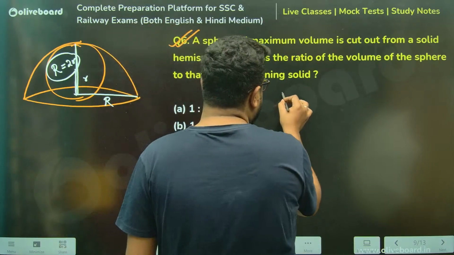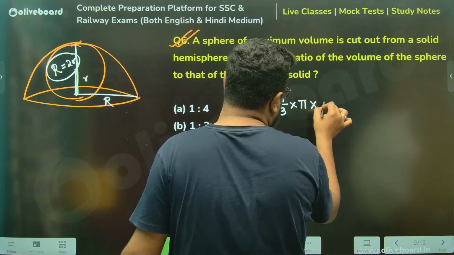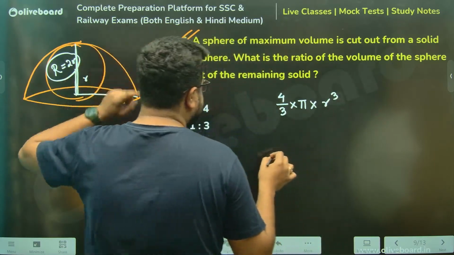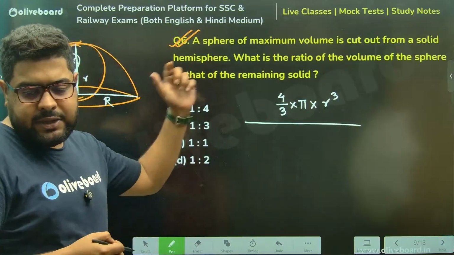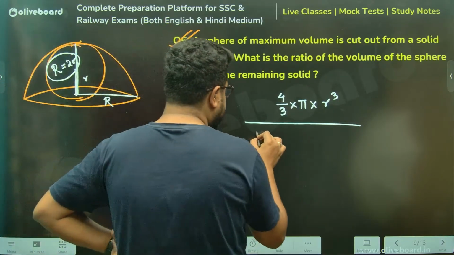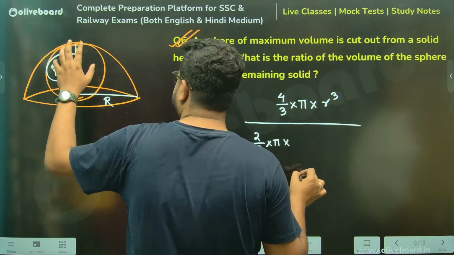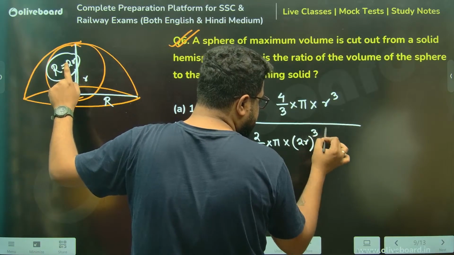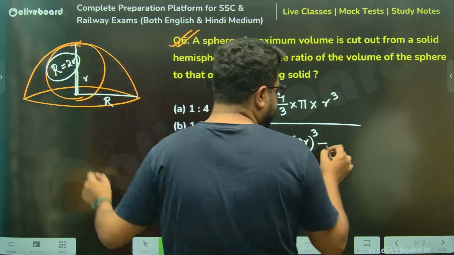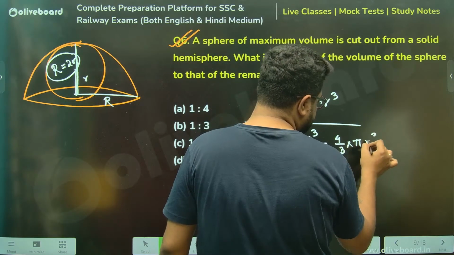Sir, volume of the sphere will be 4/3 pi r cube. Here it is small r because it's the smaller sphere. Ratio of this with what? With the remaining solid. The remaining solid will be the whole hemisphere, 2/3 pi R cube, where R is 2r, minus the volume of this, 4/3 pi small r cube.